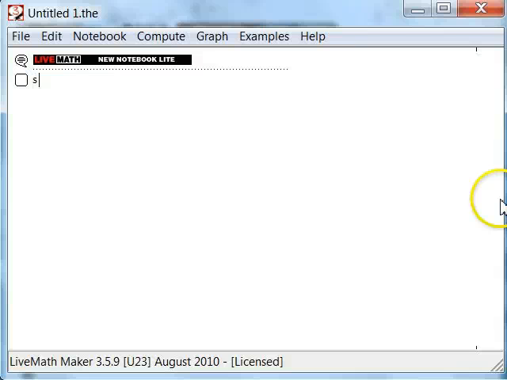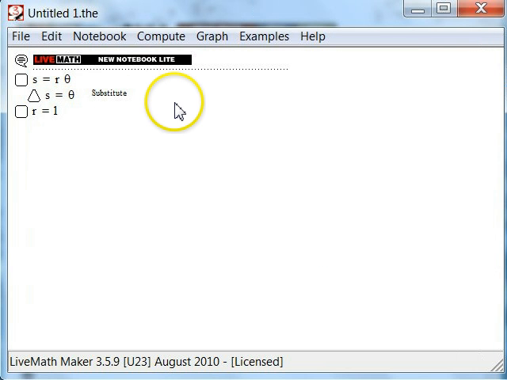And that is that the arc length is equal to the radius times the angle. Well, in this case, the radius is equal to 1. So if I take that relationship and insert it into the first equation, then it tells me that S is equal to theta.